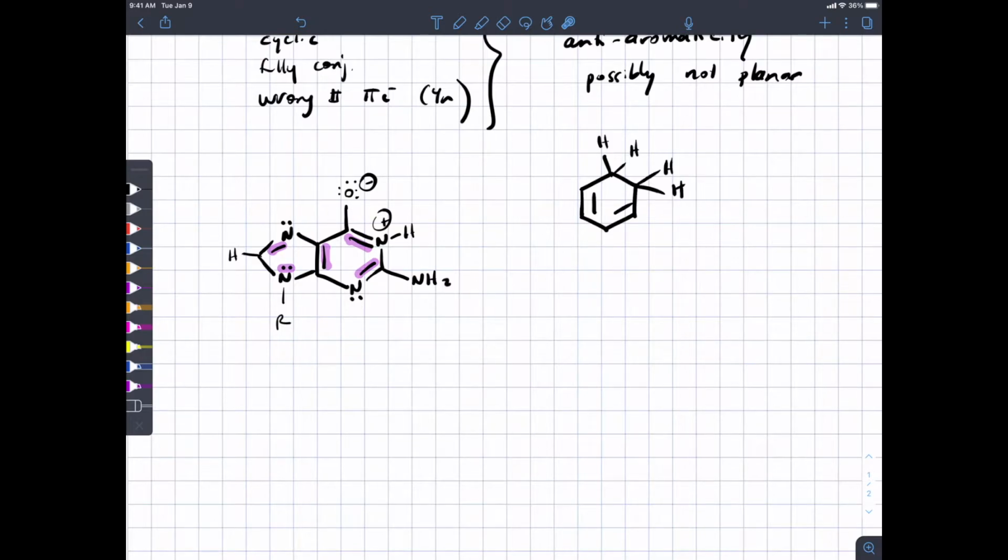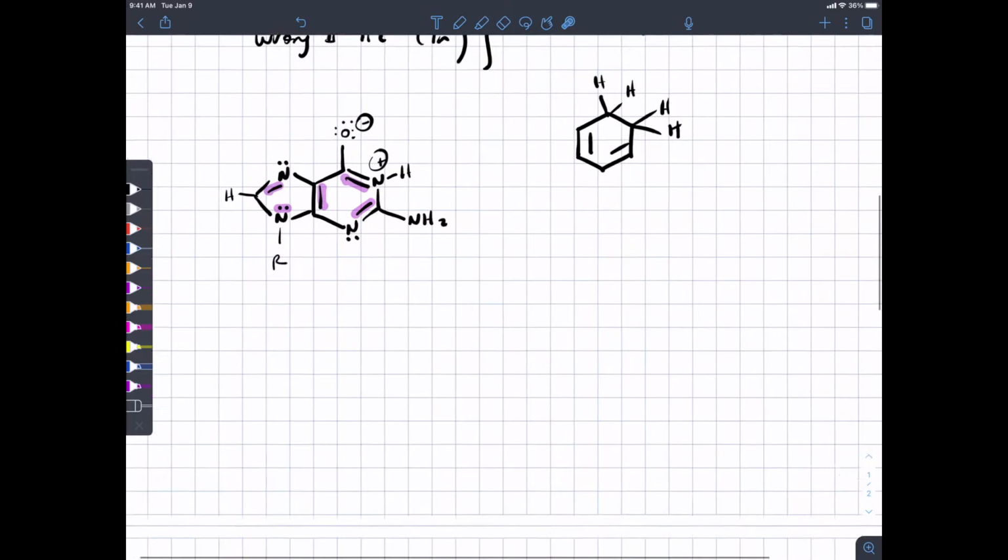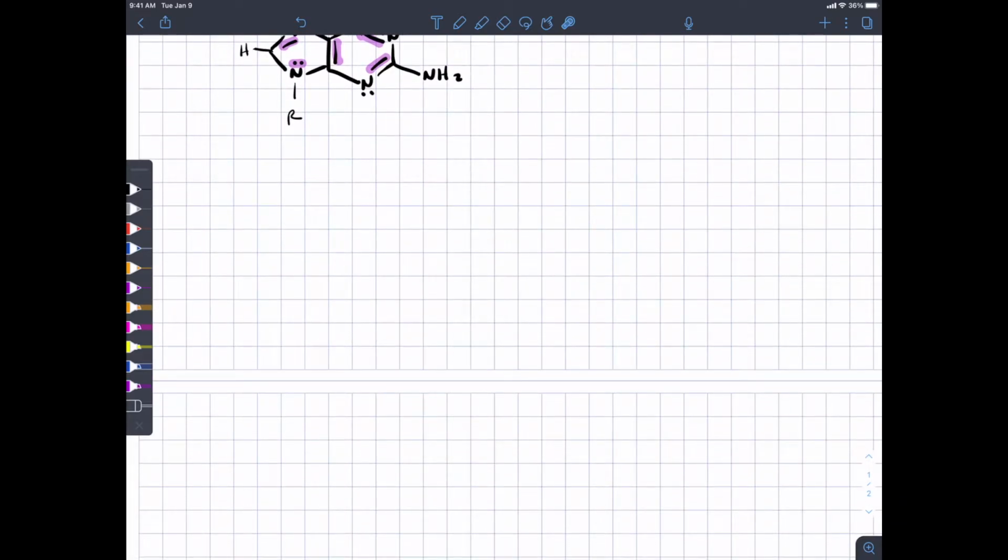All right. So we can use aromaticity now as a potential explanation for certain observations.